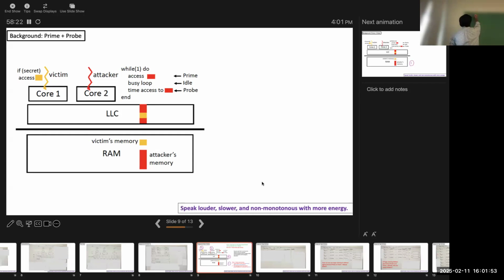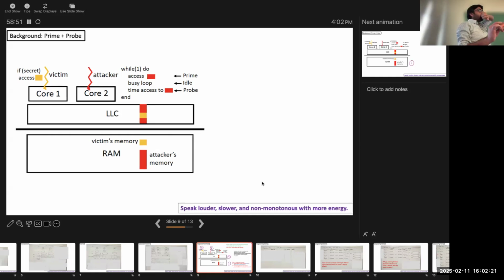The assumption is that you know the victim's address. You know the address of the victim's data, which is of interest to you, but you cannot access that address. You don't have the permission to access that address, but you only know that address, right?